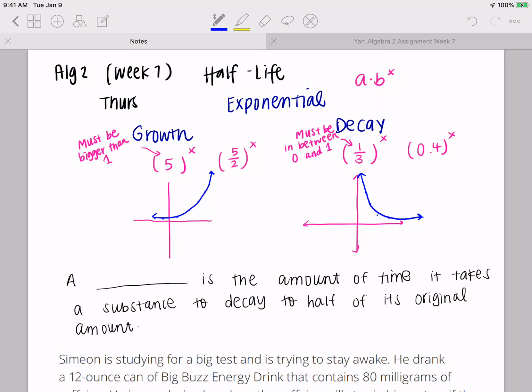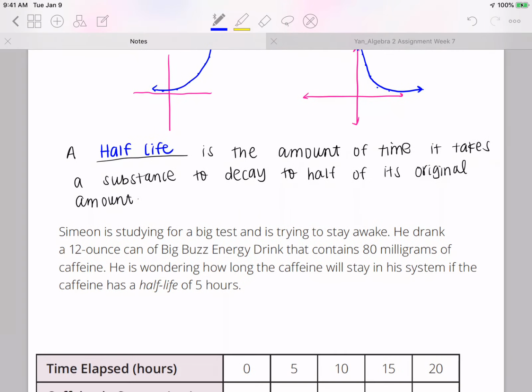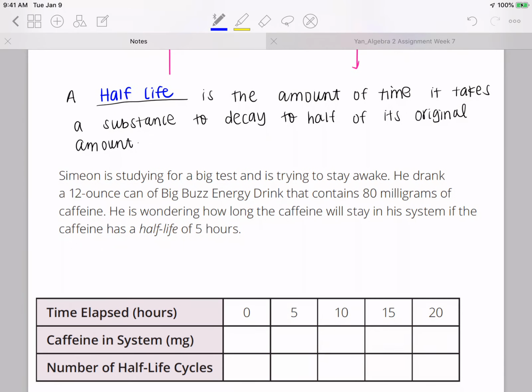So half-life is the amount of time it takes a substance to decay to half of its original amount. Okay, so let's talk about an example.